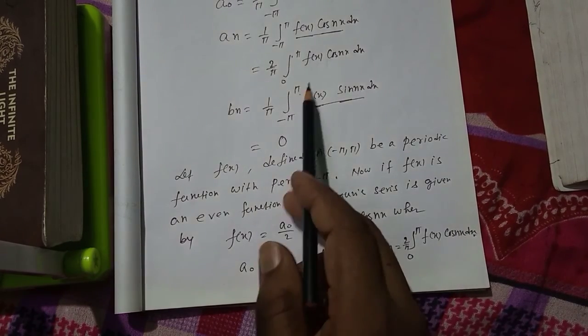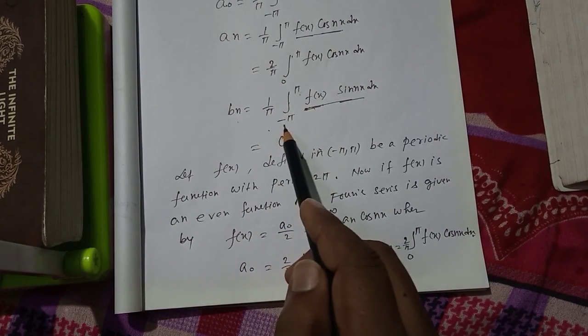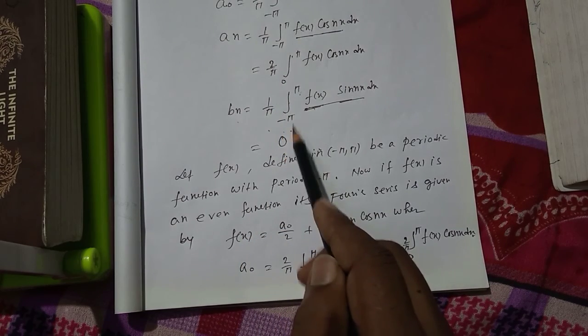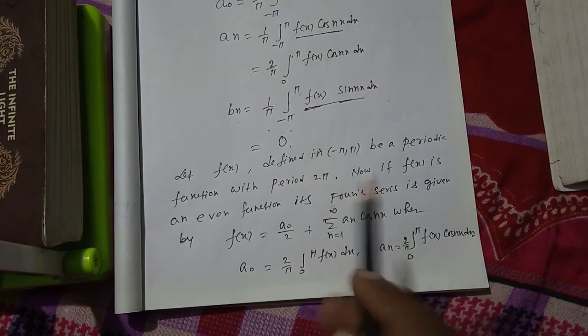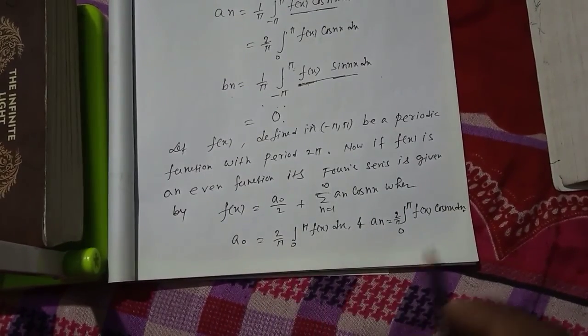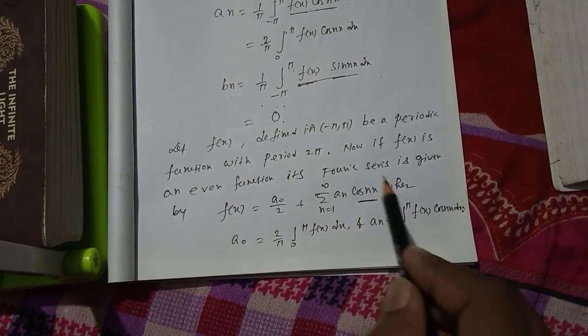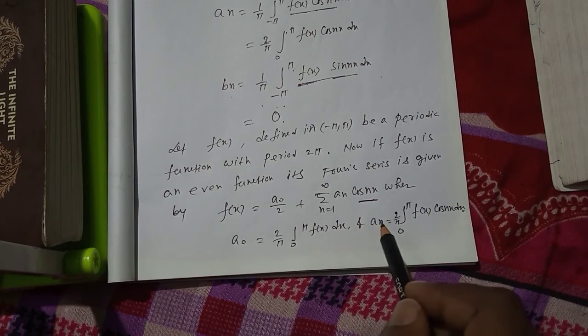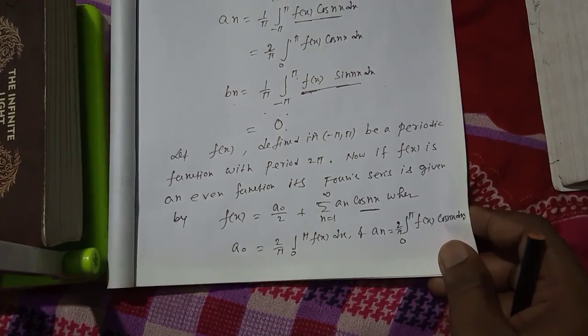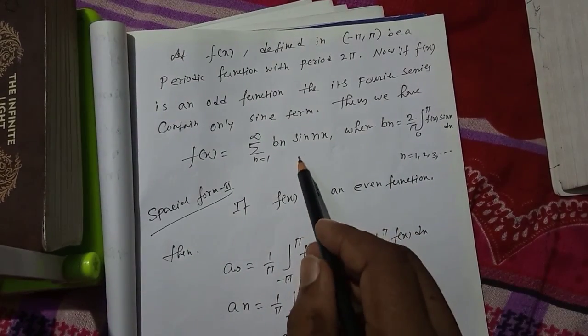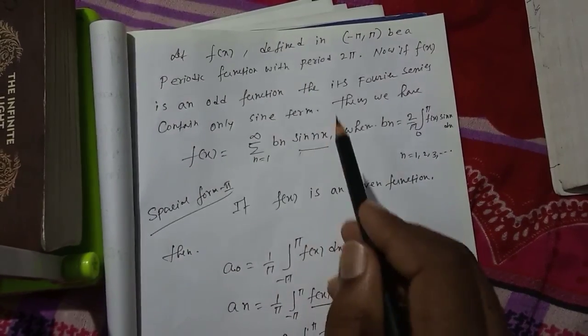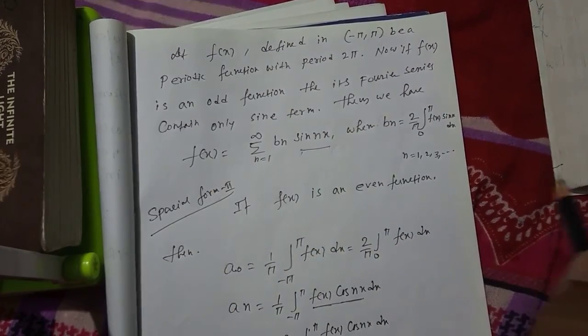As bn is equal to 1 by pi integration minus pi to pi f(x) sin nx dx is equal to 0, therefore for an even function we get only cosine terms in the Fourier series expansion, and if odd function then we get only sine functions in the Fourier series expansion.